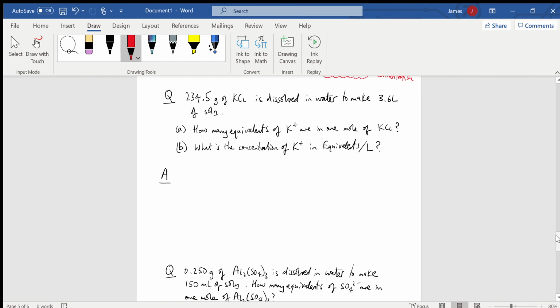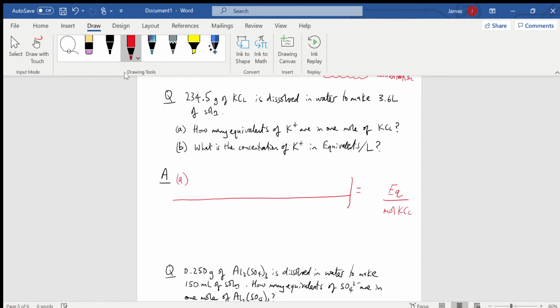The first question: 234.5 gram of KCl is dissolved in water to make 3.6 liter of solution. How many equivalents of K plus, potassium charges, are in 1 mole of KCl? So this is the answer to A. I want equivalence, the number of charges per mole of KCl.